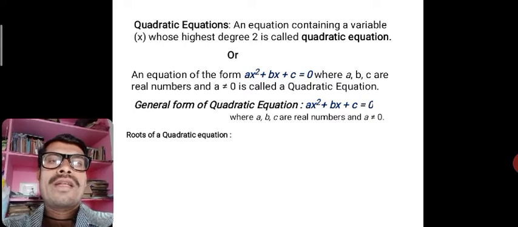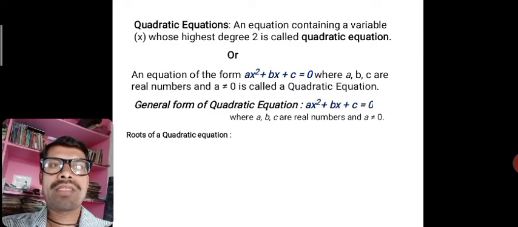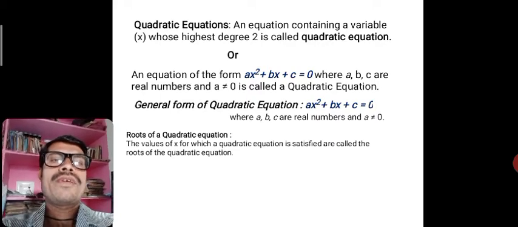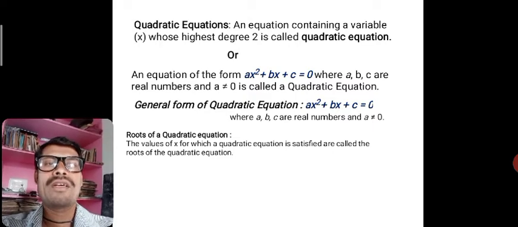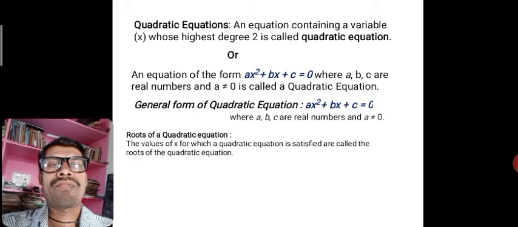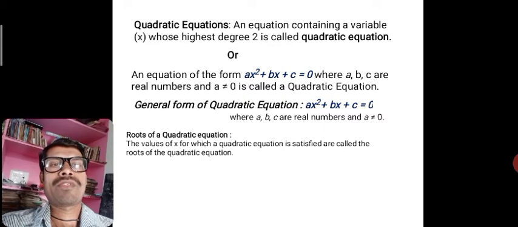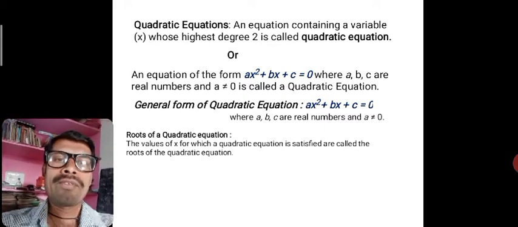Now, what are the roots of a quadratic equation? Roots are the values of x for which the quadratic equation is satisfied. If we find the value of x in the equation ax square plus bx plus c is equal to 0 by different methods, there are so many methods to find the roots of the quadratic equation.